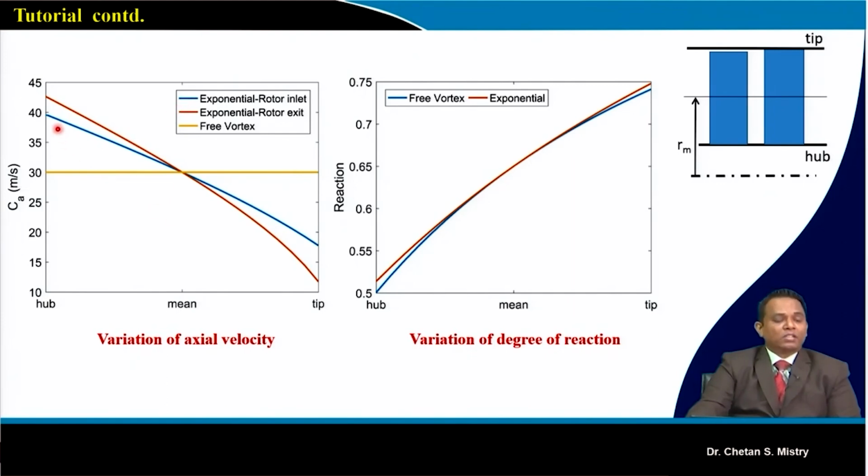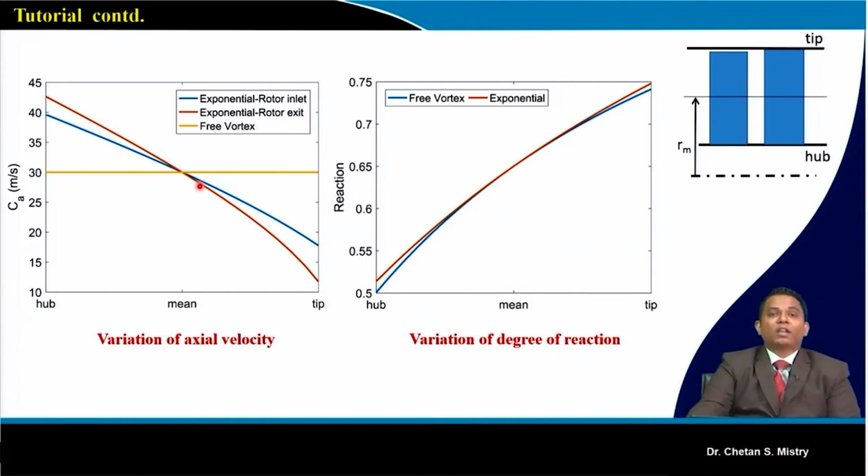So if you look at this, it represents the variation of axial velocity at the entry. You can see from hub to mid section, my axial velocity is going to decrease, and later from mid section to tip, my axial velocity is going to increase. But at the same time, for the exit, I have larger velocity near the hub, and that is going to decrease here.